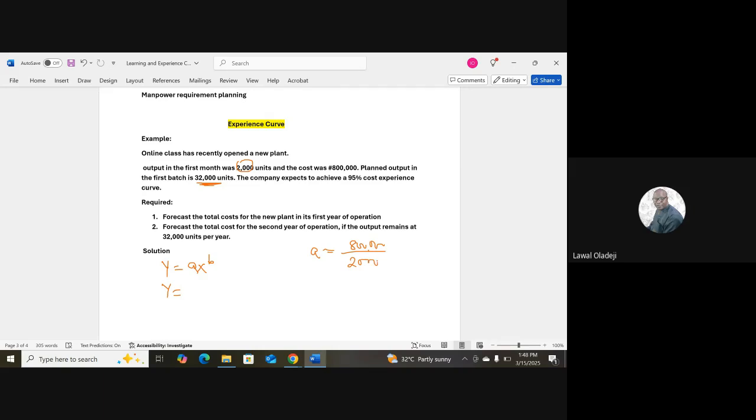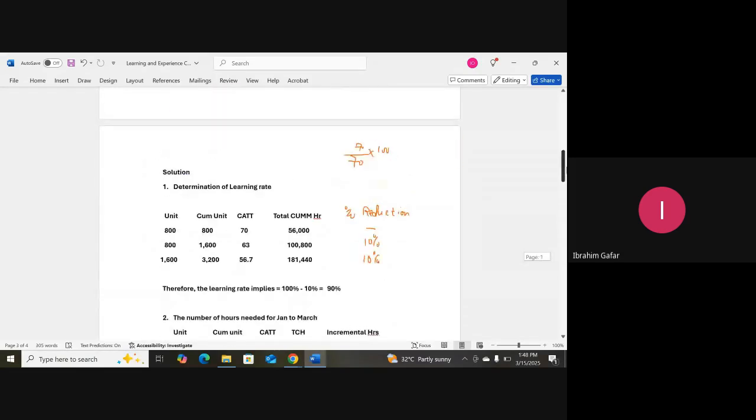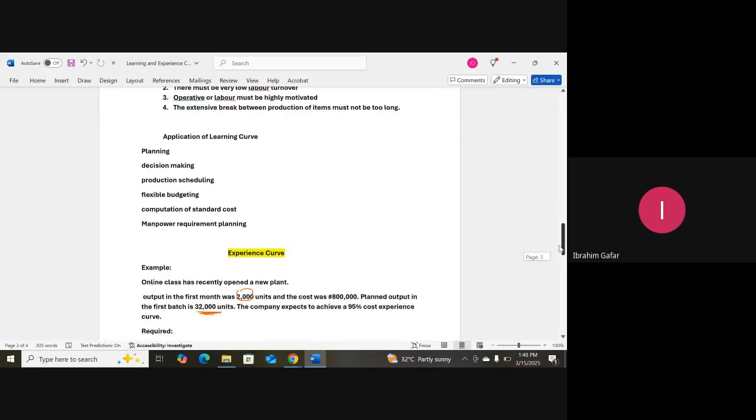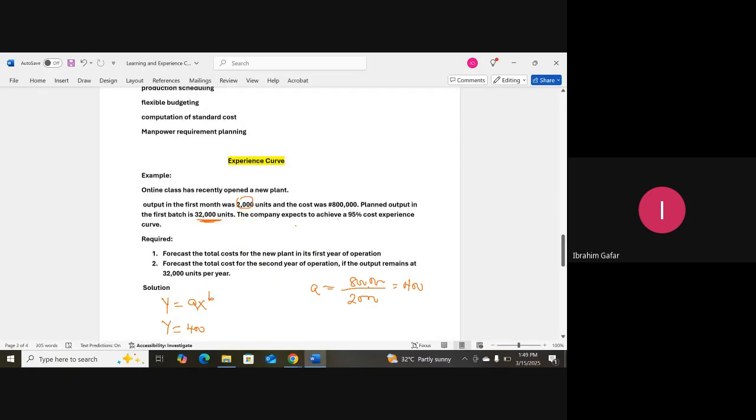So what do you have? We have 400. So 400 is our average time taken, which is a. Is it clear? Because they are not giving us. It's different from the one that we did the last time. Do you get it now? Since they are not giving you, you have to divide it, like what I explained the last time.